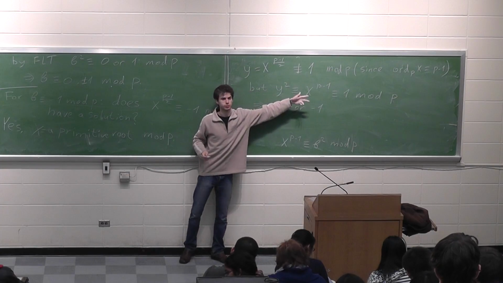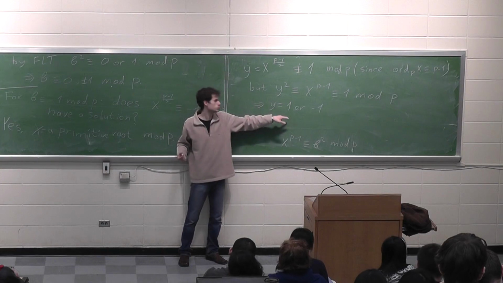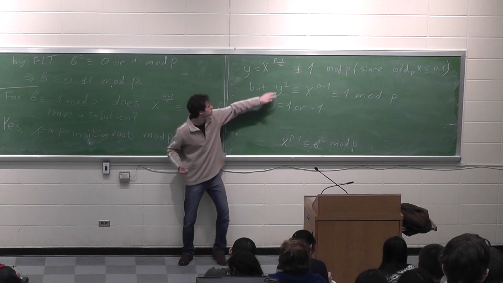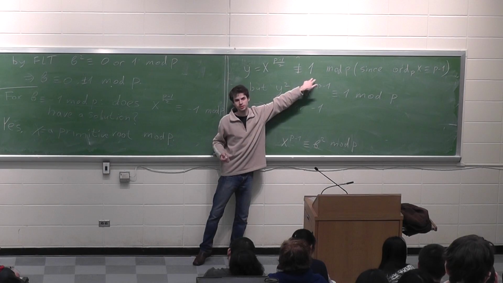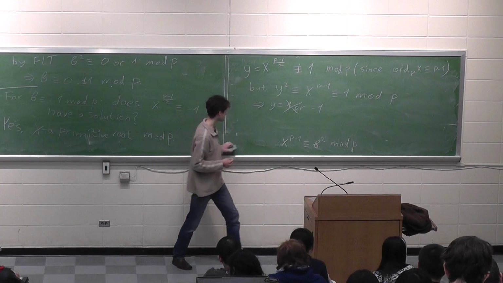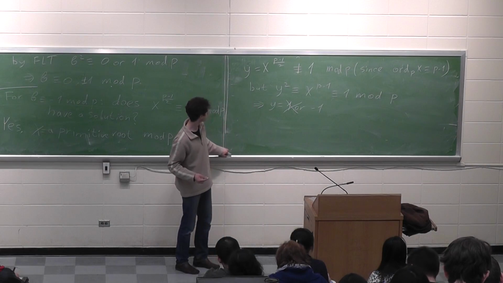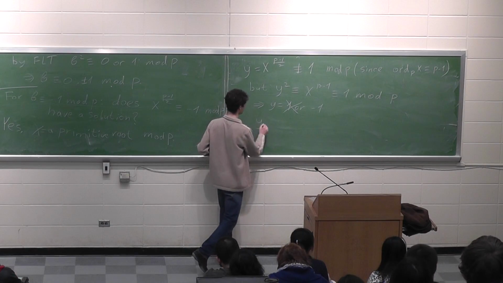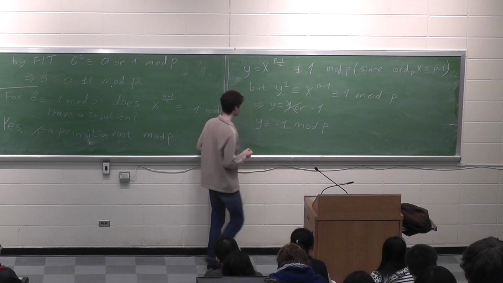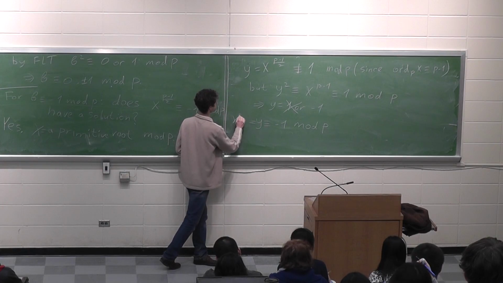If y squared is equal to 1 modulo p, then this equation has at most two solutions, and the solutions are 1 and minus 1. But we just ruled out one of them. One cannot be the answer. So the conclusion is that y is congruent to minus 1 modulo p. But that's exactly what we want. y is x to the power (p minus 1) divided by 2.